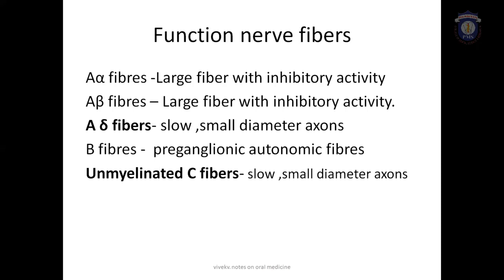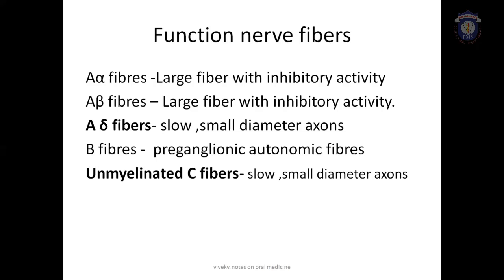Now let us have a look at the different types of nerve fibers, because we have to learn about the different types of nerve fibers when you talk about conduction of orofacial pain. We have essentially three types of fibers, that is A fibers, B fibers, and unmyelinated C fibers. A fibers are further classified into A alpha, A beta, and A delta fibers.